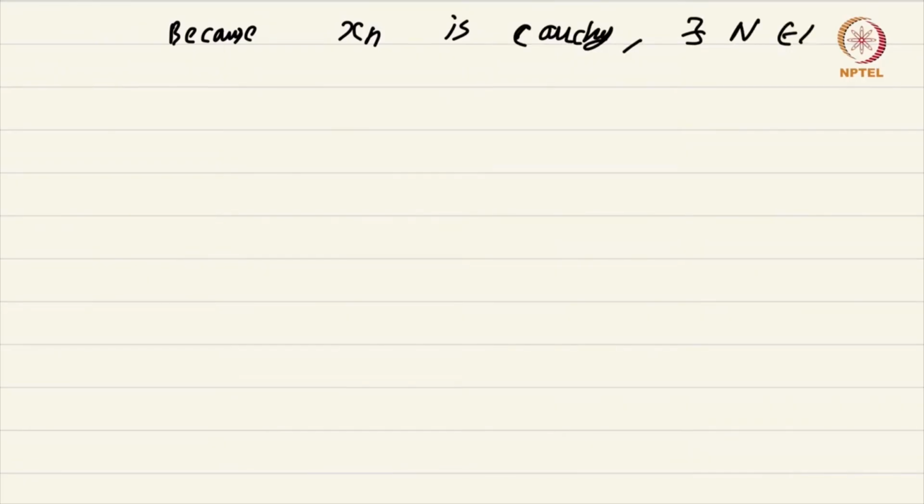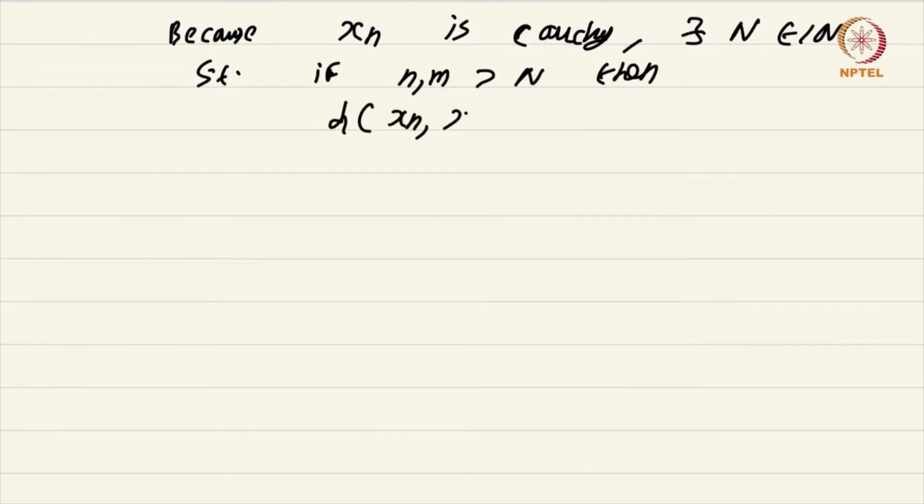Well, because x_n is a Cauchy sequence, there exists capital N in the natural numbers such that if n, m are greater than capital N, then d(x_n, x_m) is less than delta.